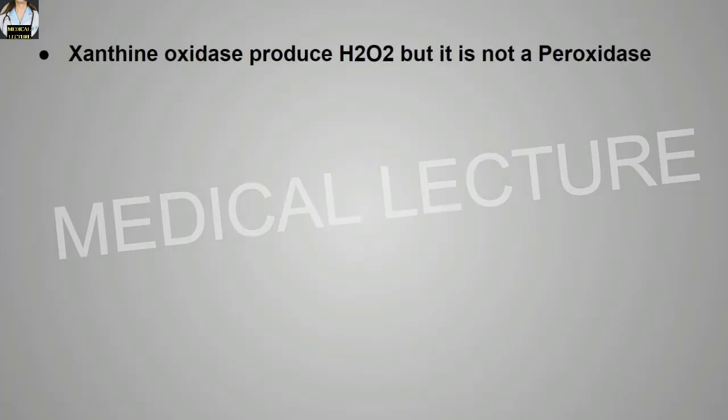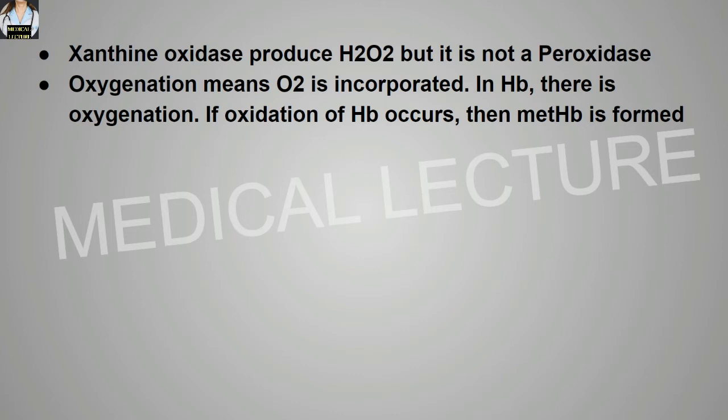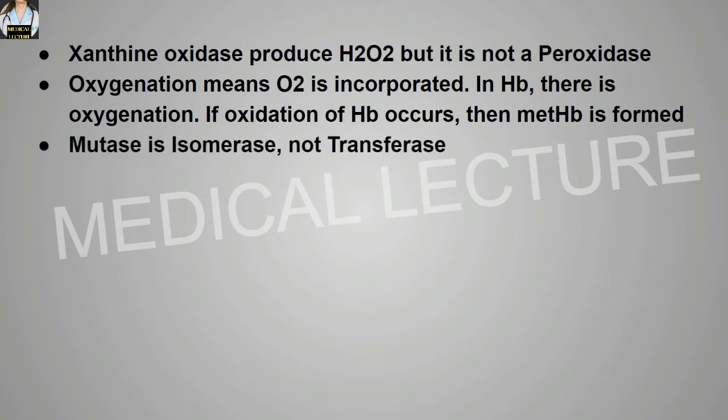Xanthine oxidase produces hydrogen peroxide, but it is not a peroxidase. Oxygenation means oxygen is incorporated. In the hemoglobin, there is oxygenation. If oxidation of the hemoglobin occurs, then methemoglobin is formed. Mutase is an isomerase, not a transferase.